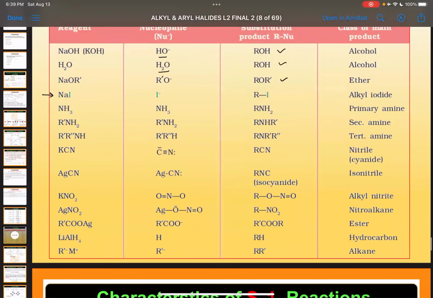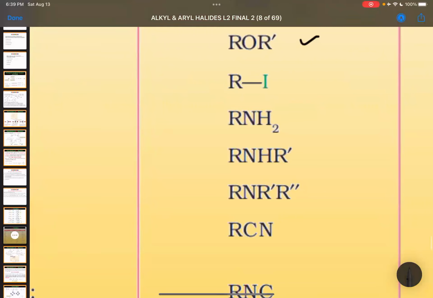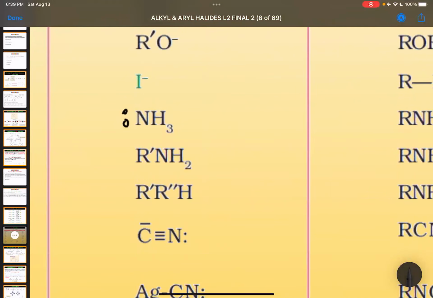Good. And if you take ammonia as a nucleophile, what will you get? You are going to get RNH2 as the product. So what should the reaction be? It can be written as CH3Br plus NH3, heat.